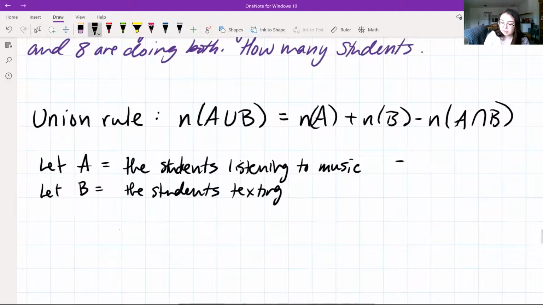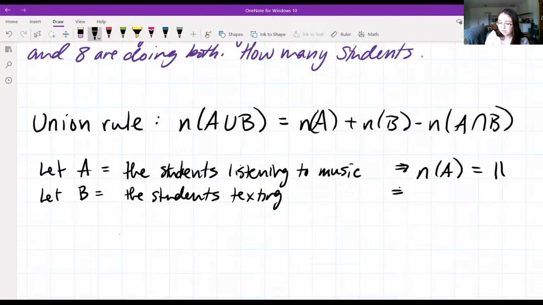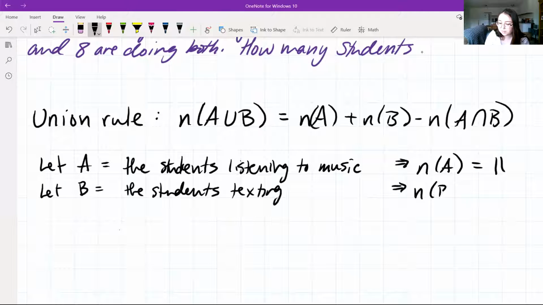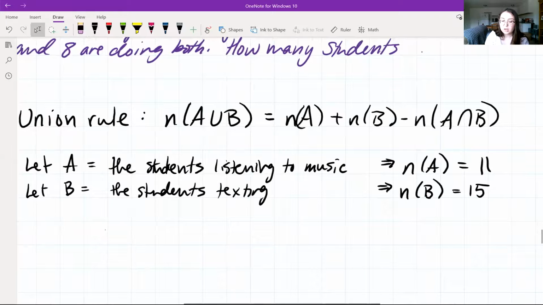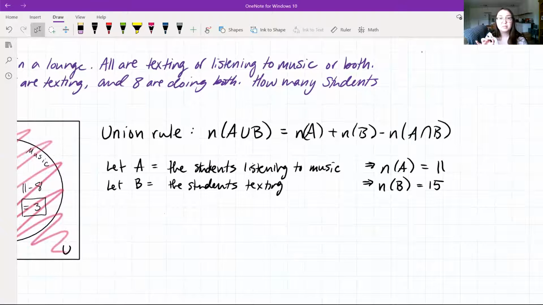So we know this means that the number of students listening to music is 11. The number of students texting is 15. And we know that if they're doing both, that means we're thinking about the intersection.